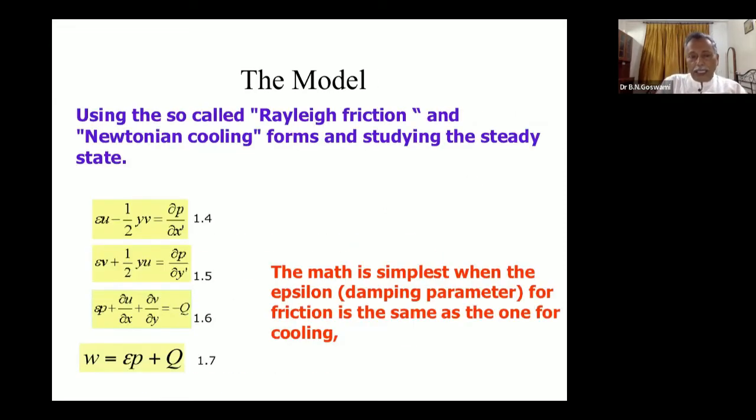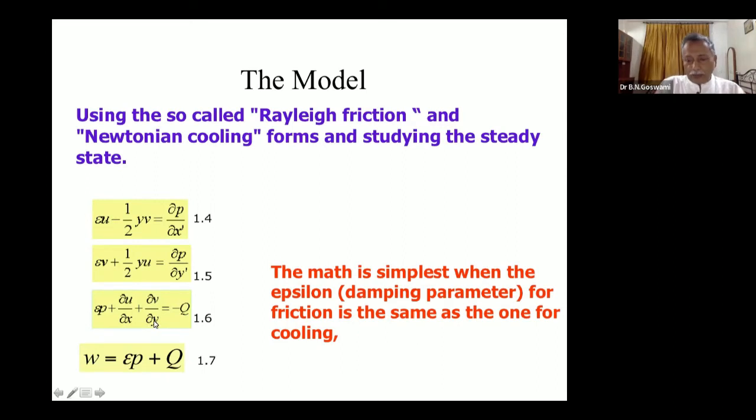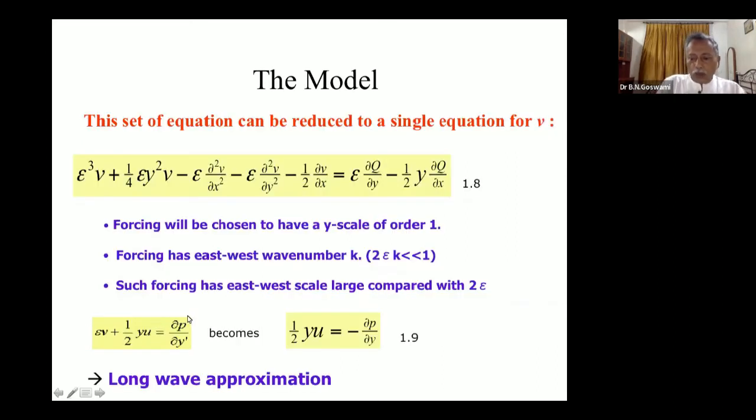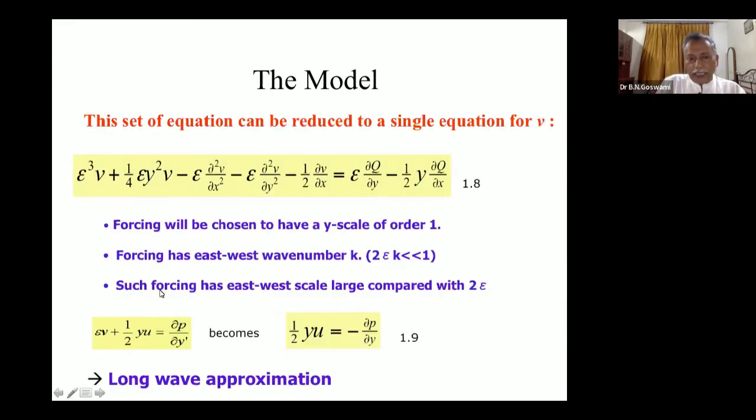If I now simplify these equations and get an equation in V, this is a bit of algebra you have to go through, and then finally you will get an equation of this type. This looks a little bit complicated, but we can make some simplifications.